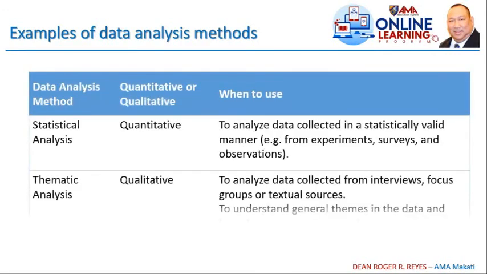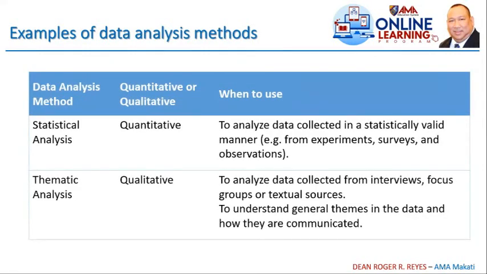Okay. So again, we have statistical analysis and thematic analysis. There are two methods of analyzing data: quantitative or qualitative. Statistical analysis is used for quantitative, thematic analysis is used for qualitative. So when to use statistical analysis?